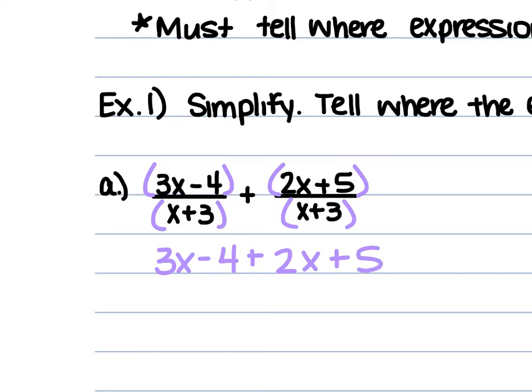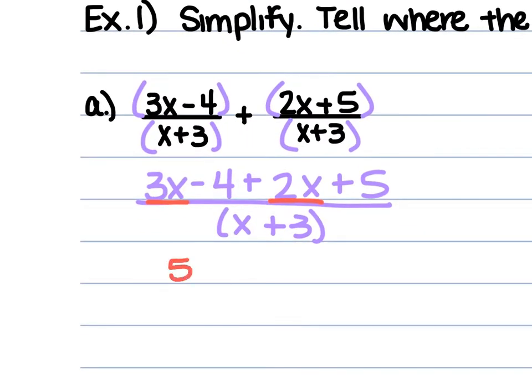You would put parentheses around this specifically if you are subtracting, so that way you know in order to subtract you have to distribute that negative into the second numerator. So from here, the 3x plus the 2x is going to give us 5x, and the negative 4 plus the 5 is going to give us a positive 1.